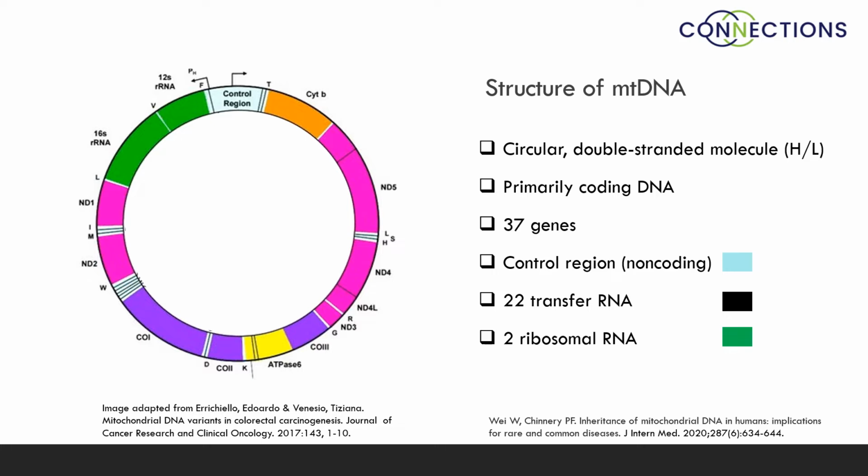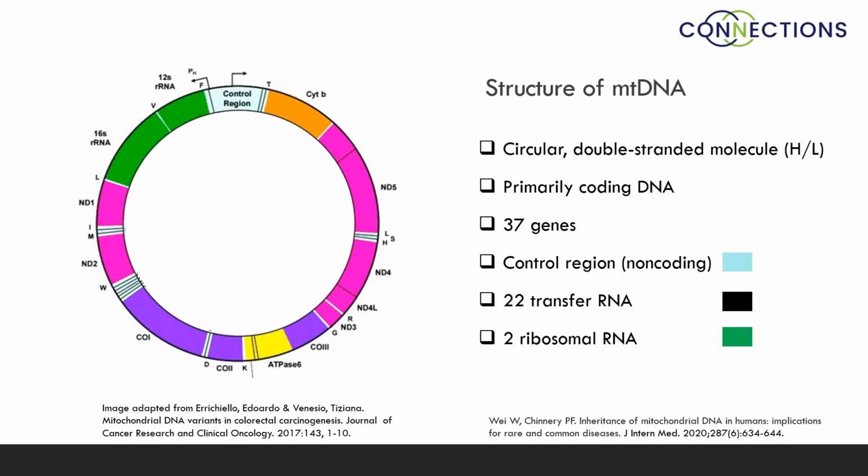The mitochondrial genome encompasses a total of 37 genes, as mentioned before. Of the 37 genes, there are 13 protein-encoding genes, as well as 22 transfer RNA genes and 2 ribosomal RNA genes involved in the translation of protein. Encoding of mitochondrial proteins involves both the mitochondrial and nuclear genomes, and it works more or less like this.